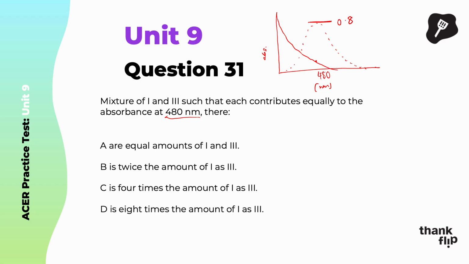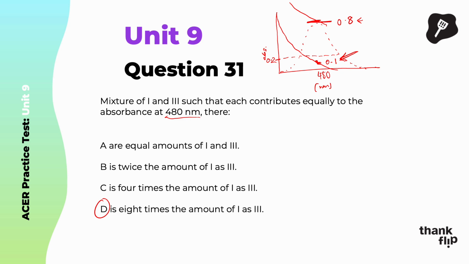And then over here, we have kind of this line going up here, which is 0.2, and at 480 nanometers, that's approximately 0.1 units of absorbance. So in order to contribute equally, you would need 8 times as much of this compared to this, right? So if you have 8 times as much of compound 1, then that's when you would reach this kind of level here. And so that's why the answer is D, right?